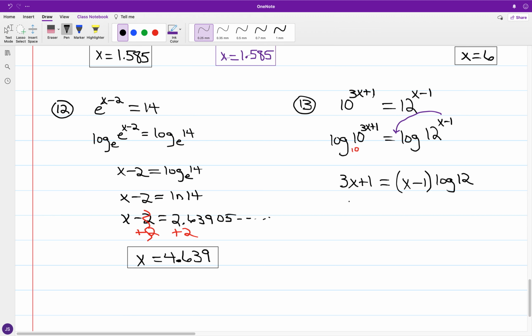Okay, so looking at what we have situated, the left-hand side, again, is going to be 3x plus 1. And to the right, if I take x minus 1 and multiply by the base 10 logarithm of 12, I'm going to have x times the base 10 logarithm of 12, and minus the base 10 logarithm of 12.